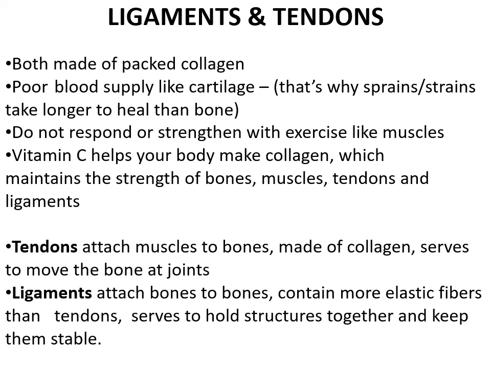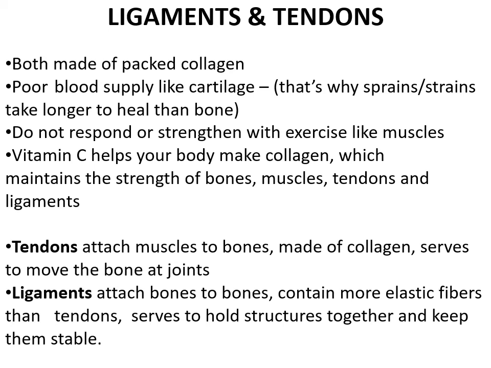So what helps with the production of collagen from fibroblasts? Well, vitamin C is needed, which isn't only needed for ligaments and tendons, but it's also needed for collagen production in bones. Now, I've mentioned this before, so the tendons attach from muscle to bones, right? And they allow joints to move with contraction of muscles.